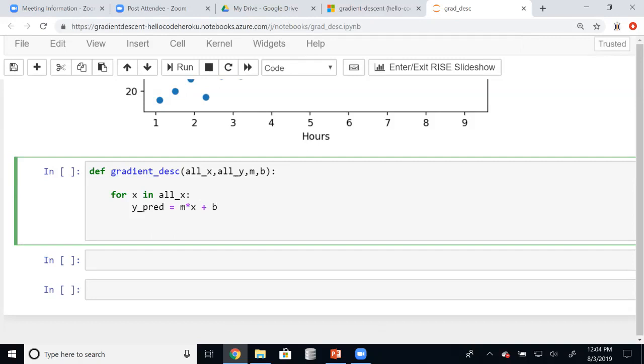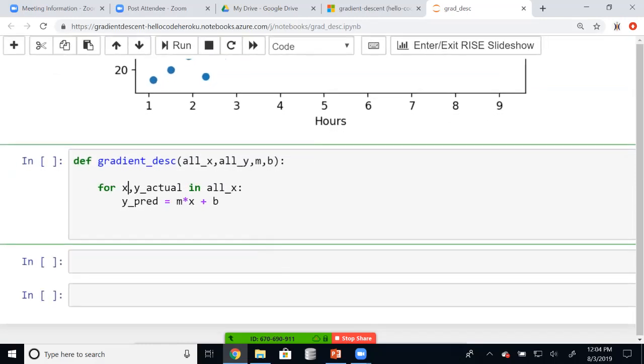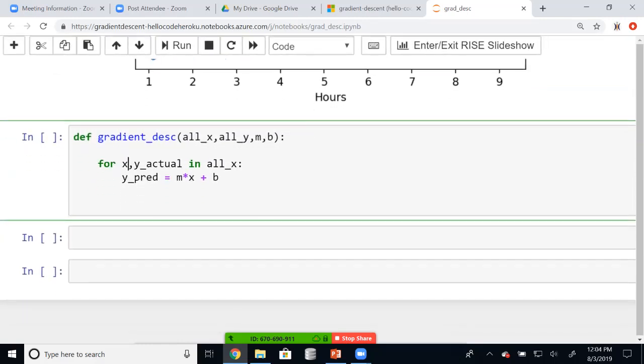Okay, so instead of just having x over here, I'm also going to have the y actual that we have for each x, because we'll use it in our code ahead. So I'm going to say x comma y actual, and because I need the y's as well, I'm going to zip both of these together.